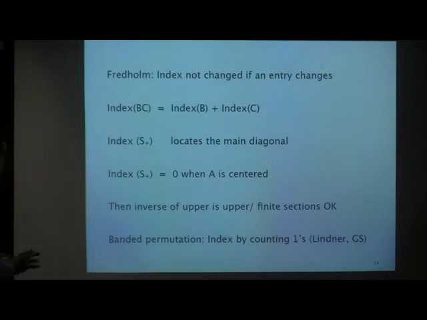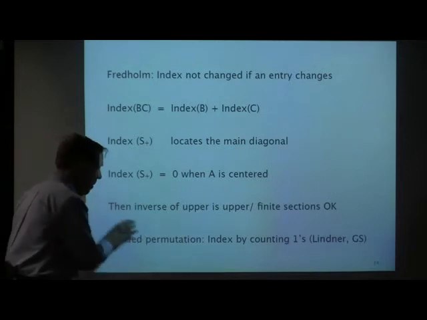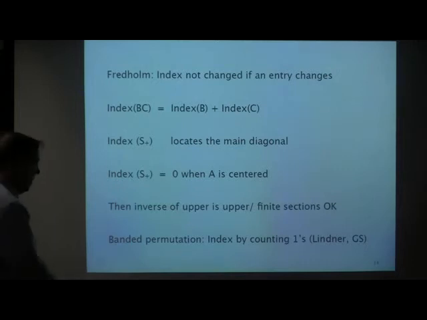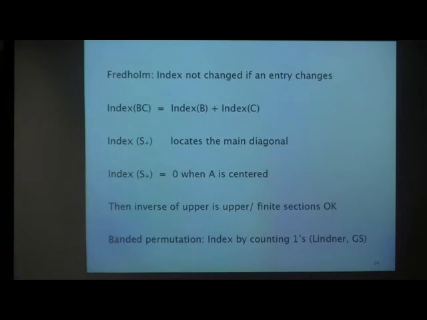But if it's a permutation matrix, you can find this index. So we just thought, okay, this index is a complicated thing to compute. Let's take a simple class of matrices, where we can do it. Those matrices were permutation matrices, banded permutation matrices.